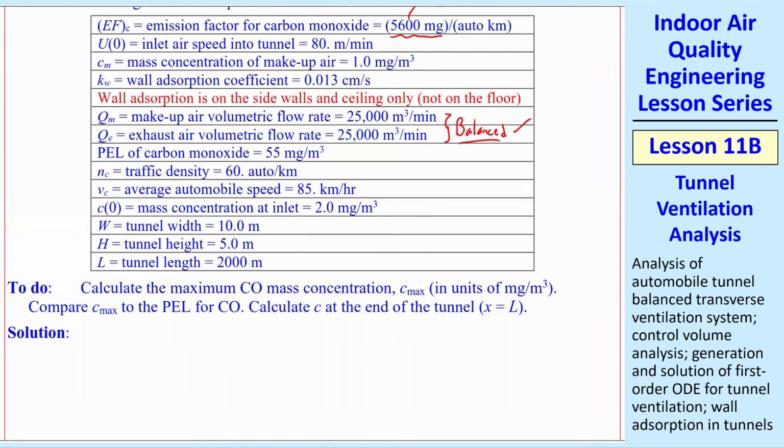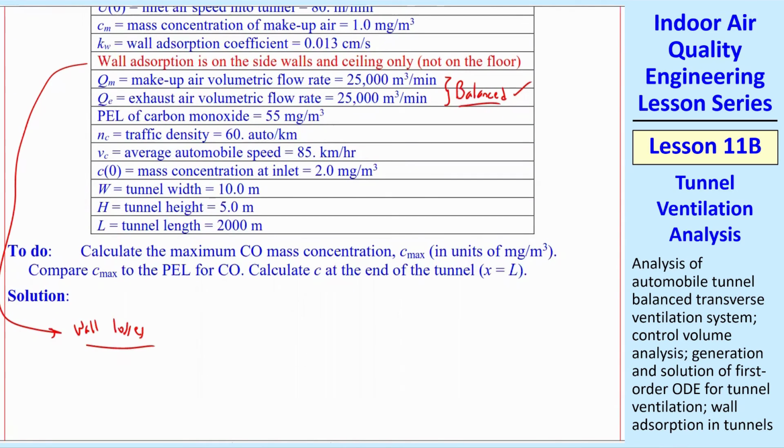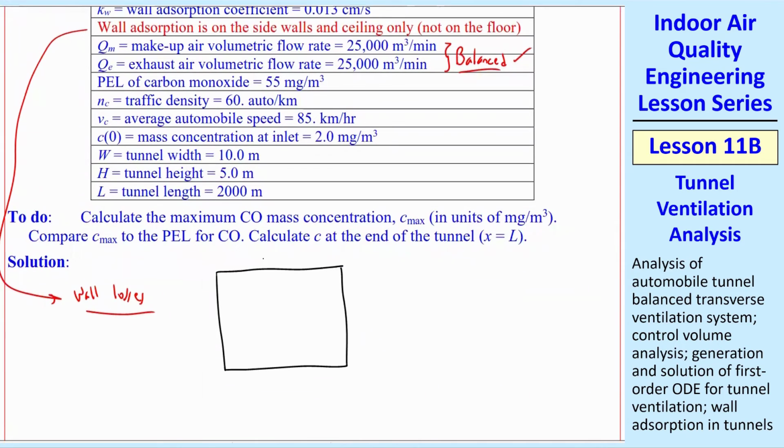The first thing I want to do is think about wall adsorption or wall losses. So let me sketch the cross section of this tunnel. We have a W width and we have a height H. L is into the page here. We're looking at a cross section. We have a KW AS C dx over L term, but it is going to the side walls and the ceiling, but not to the road, the bottom surface. So we have to be careful how we define this K term.